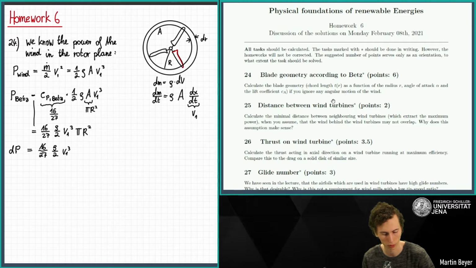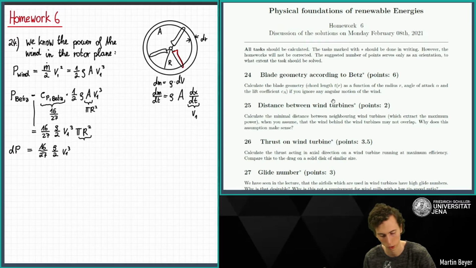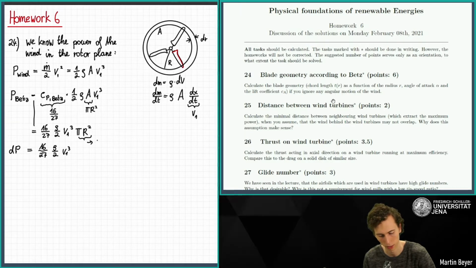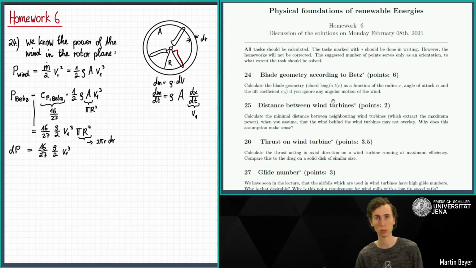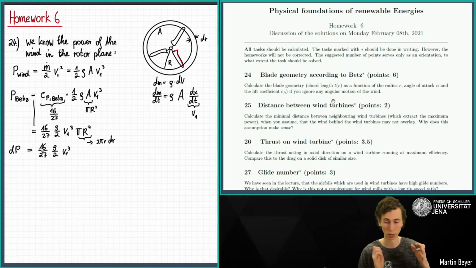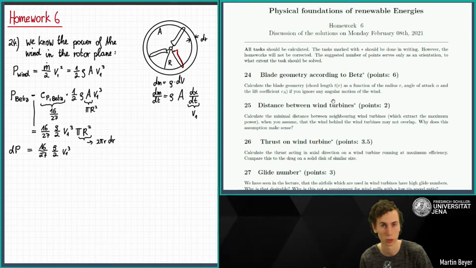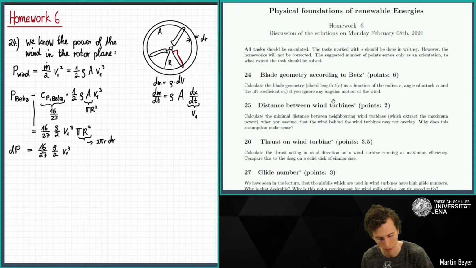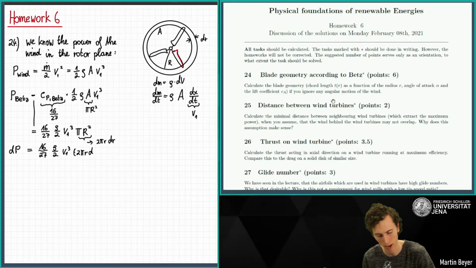And now we just have to differentiate this, which then becomes 2 pi r dr. So just using this small ring and not the whole power. Obviously, integrating over that will give us the total power back, of course. So this is just 2 times pi r dr.